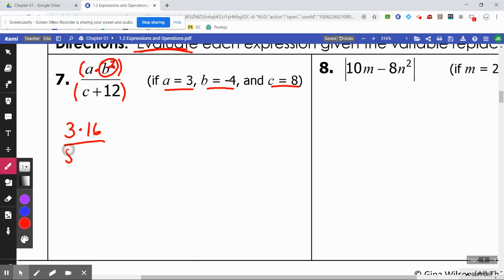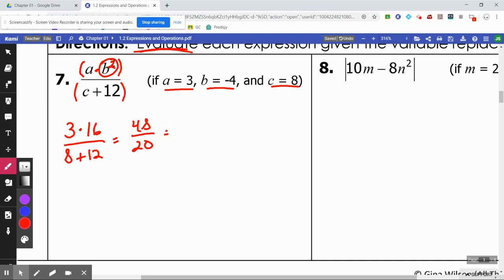On the bottom, you have c as 8, so you now have 8 plus 12 instead of c plus 12. Do the top separately from the bottom. The top is 48. The bottom is 20. And we're going to do the same thing. We're going to treat that as a fraction. We can divide it, 48 divided by 20, or you can simply reduce it like a fraction.